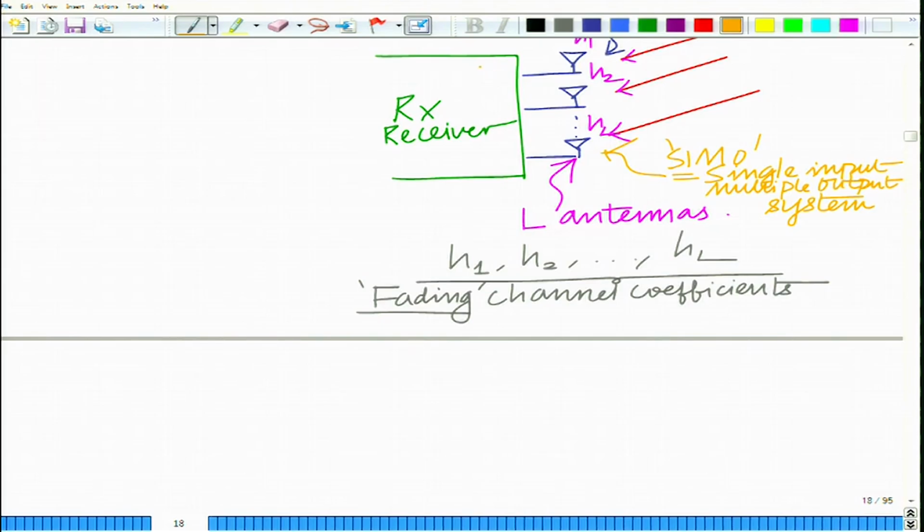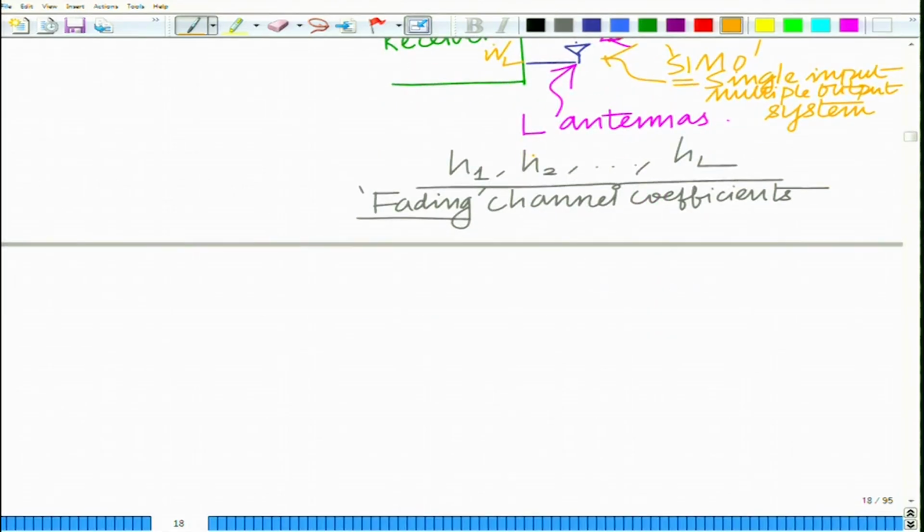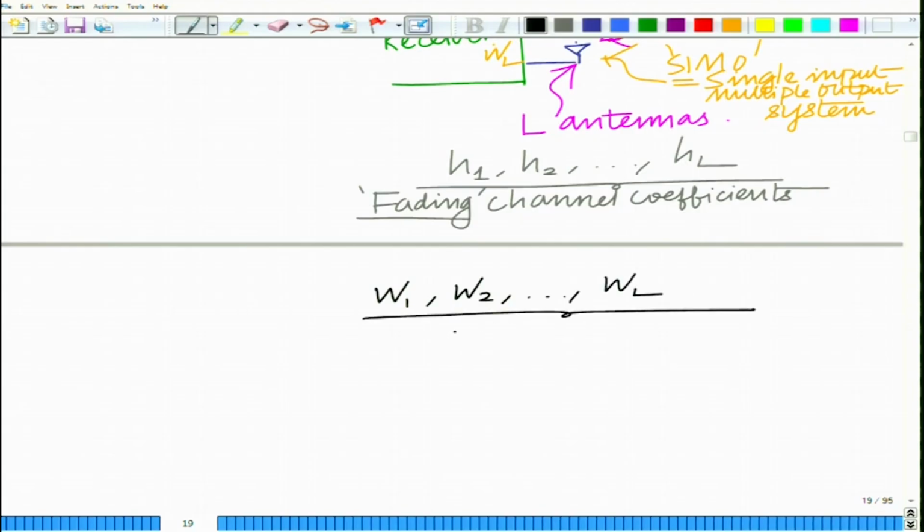So, H1, H2, HL are the channel coefficients. What we are going to do is combine the signals with weights W1, W2, WL. You can think of these as the weights of the combiner.